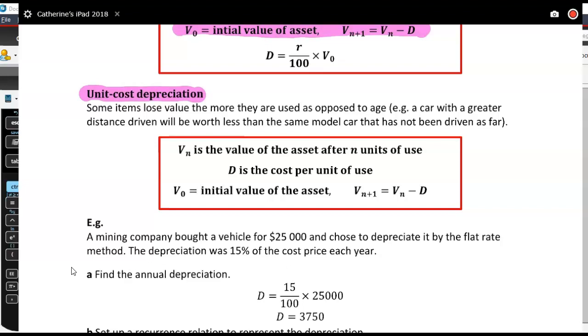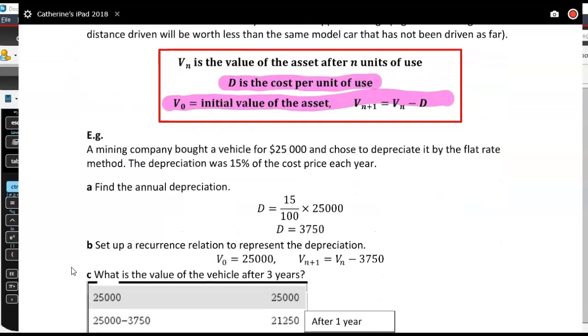So this is where we might employ unit cost depreciation. Here it looks the same, but D is the cost per unit of use. So you can imagine that D is for every 100 kilometres it loses so much of its value for a car.